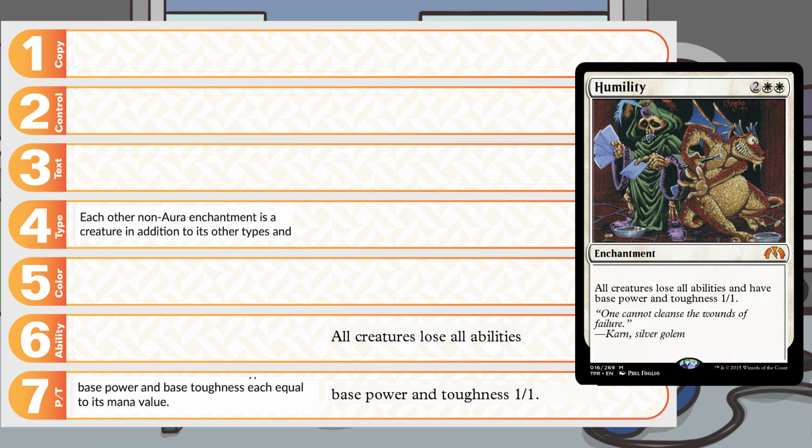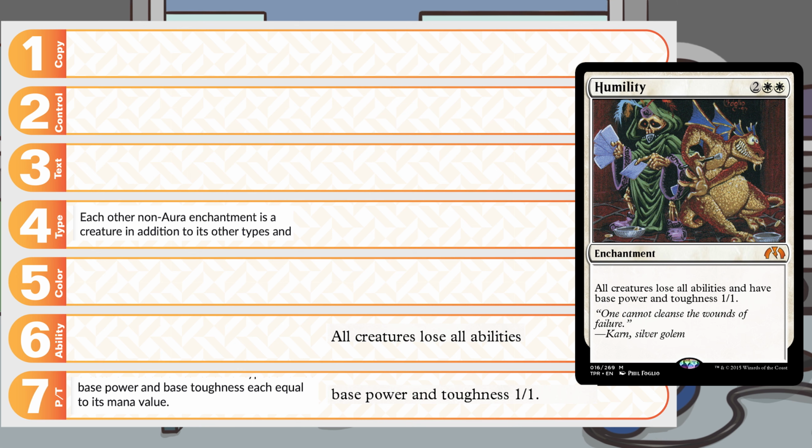And so you have Opalescence in layer 4, making Humility a creature. We don't ever go back. We start to apply the lose all abilities effect, and even though we've started to apply it, it's going to continue to apply, so it doesn't somehow remove itself. And then we get into the power and toughness setting where we have Opalescence and Humility.